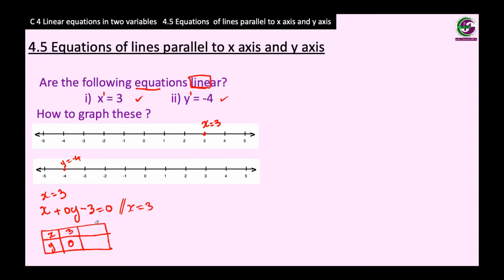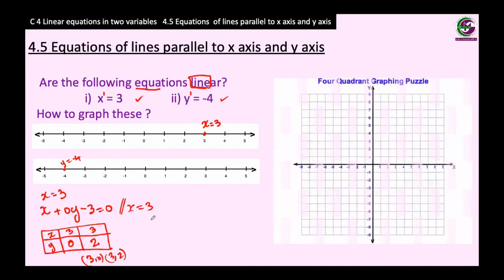What if the value of y is 2? x plus 0 times 2 is again 0. Minus 3 equal to 0, so again x will be 3. So the points are (3, 0) and (3, 2), coordinates on the Cartesian plane. So let us represent this.